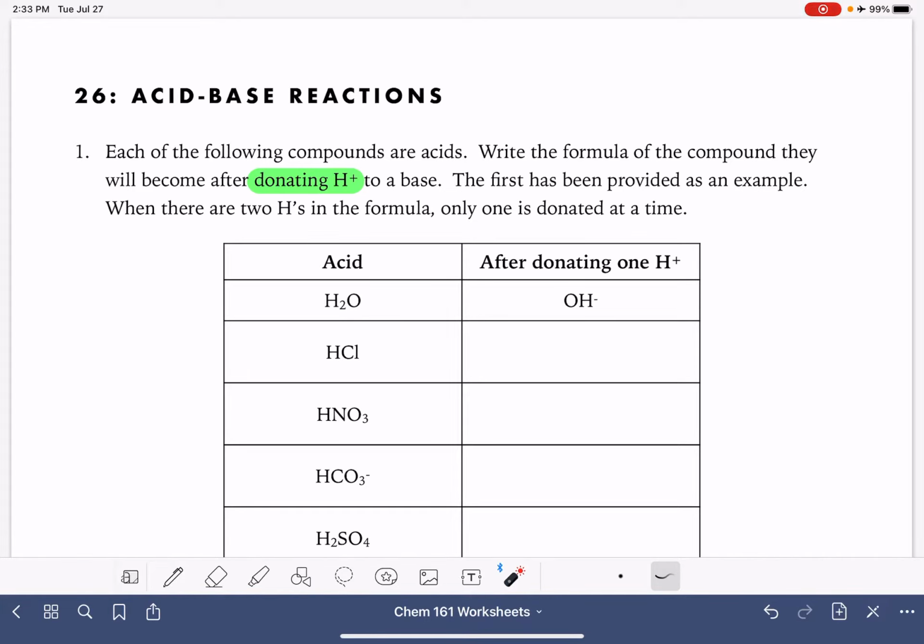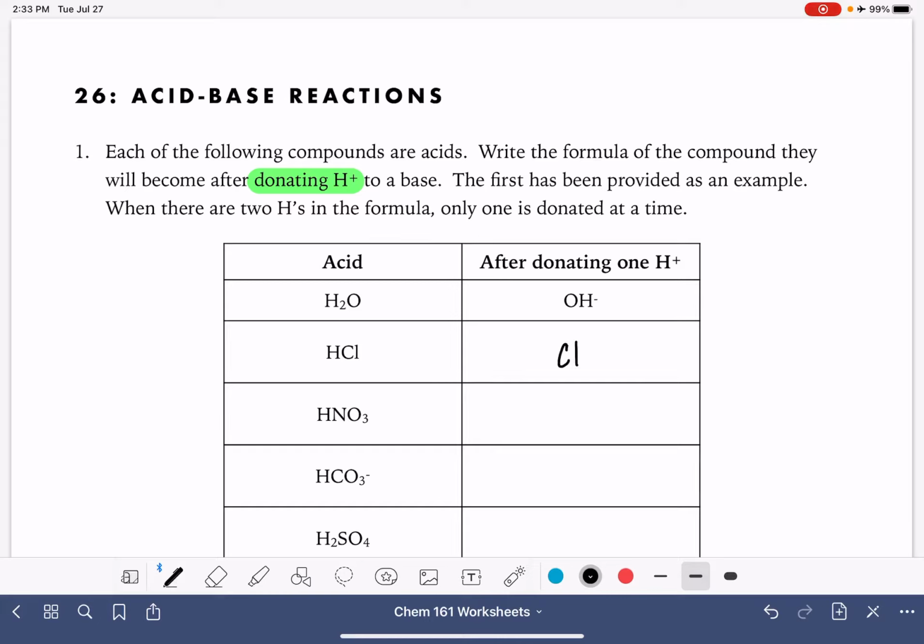This is actually a pretty simple process. What we want to do is remove one of the hydrogen atoms from the molecule because it's donating one of the hydrogen atoms, and then we also want to remove a positive charge from the molecule, and that's kind of the trickiest part. So when we look at this first problem here, we have HCl, so we want to remove the hydrogen from the molecule.